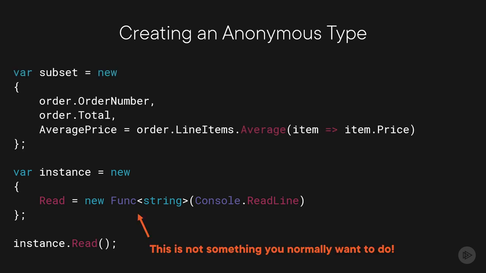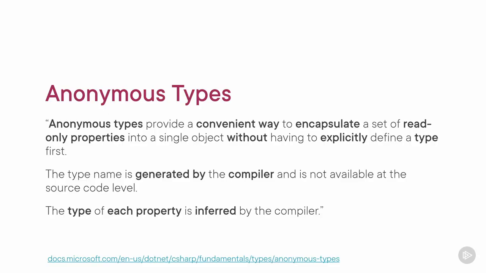This means if the anonymous type would have an action, func, or a delegate property, this would of course be possible to invoke like a method. But this isn't something that you'd normally want to do. The purpose of the anonymous type is to allow you to group some data in a local class without having to go through the trouble of creating a completely new class. It also gives you the benefit of being read-only.